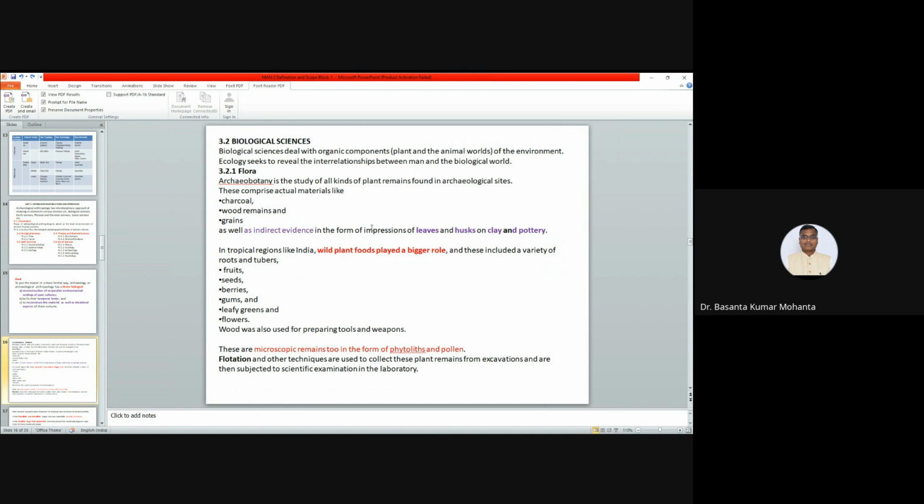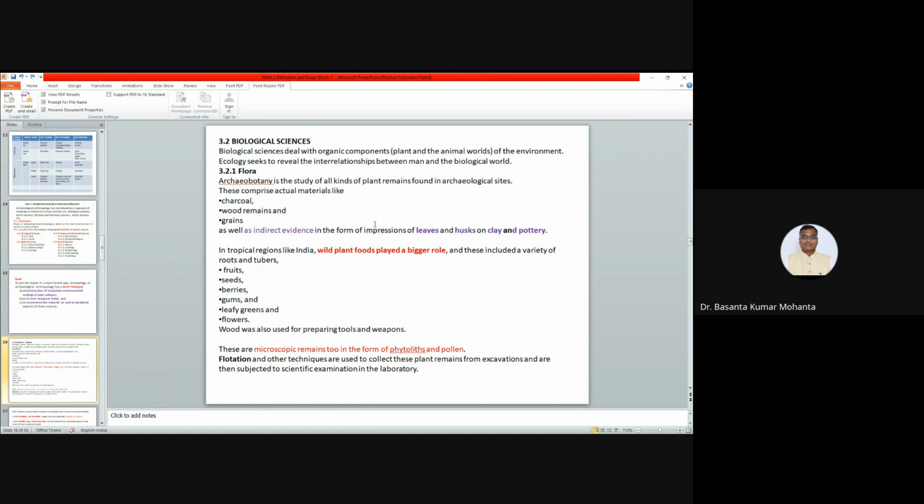They were depending on different kinds of plant products, not only for food but also for other material. So the evidence of plants from the archaeological context is available in different forms. Maybe burnt wood converted to charcoal, wood converted to fossil, or grain remains.